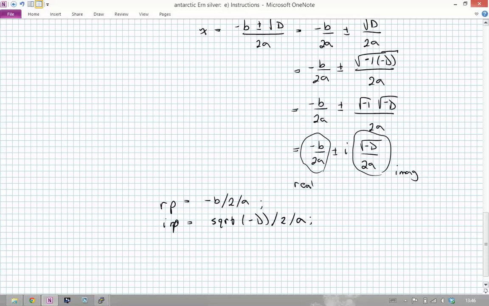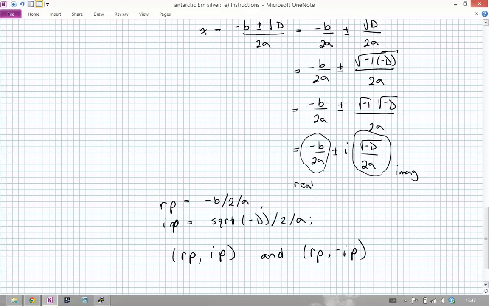And then what's your output? Just that, and, sorry, the other one as well, and negative ip. Remember, they come in complex conjugate pairs. So the easiest way to do the third case is to compute the real part and the imaginary part separately and then print them out as ordered pairs.